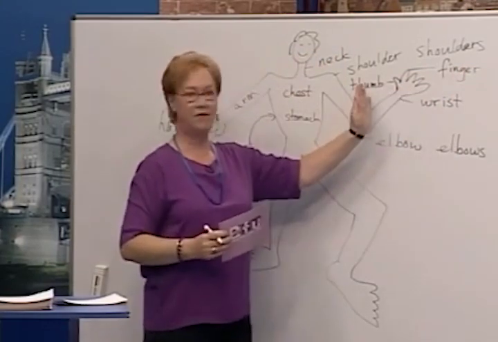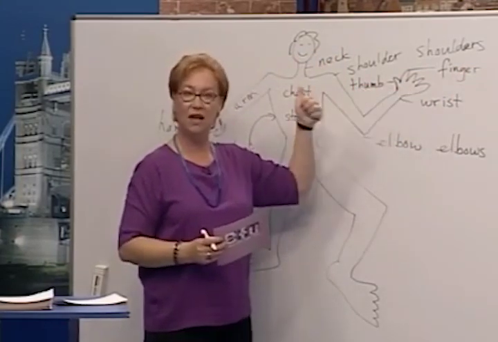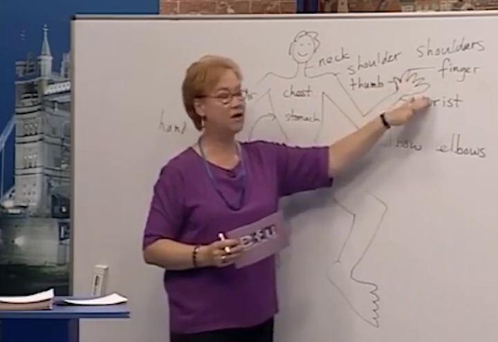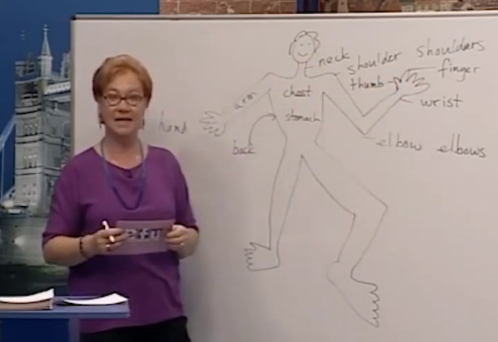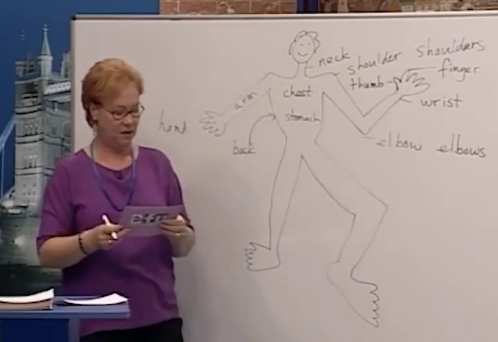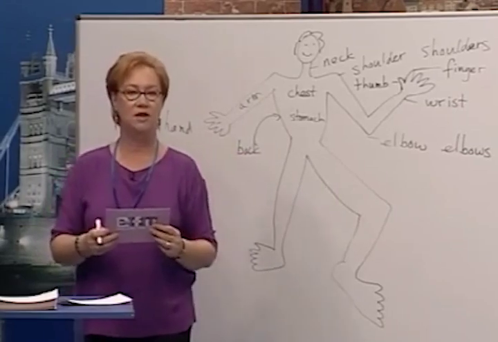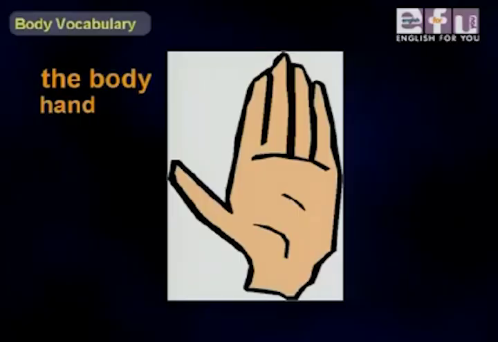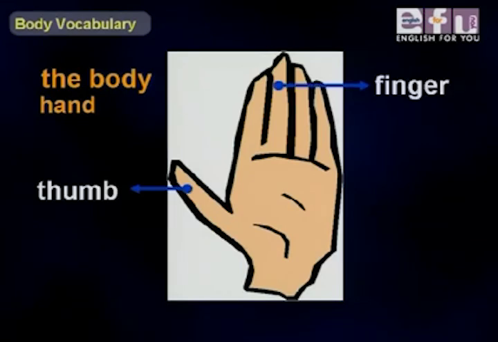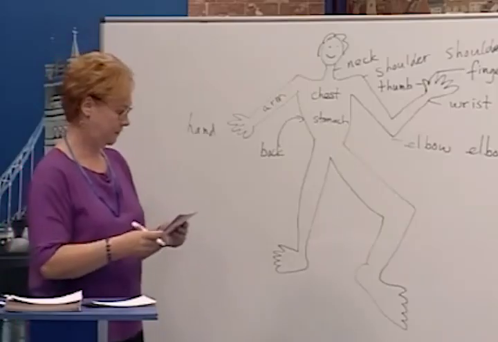Okay? These are all fingers, but this is a special one. Thumb and fingers. We have 10 fingers. So if we look at the hand, we have the hand, the thumb, and the finger.